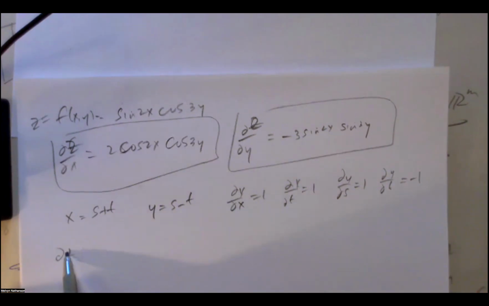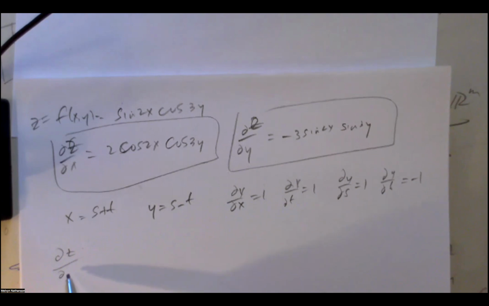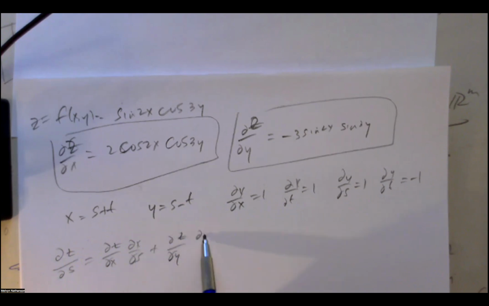So if we want the partial of z with respect to s, it's the partial of z with respect to x times partial x with respect to s, plus partial z with respect to y times partial y with respect to s.